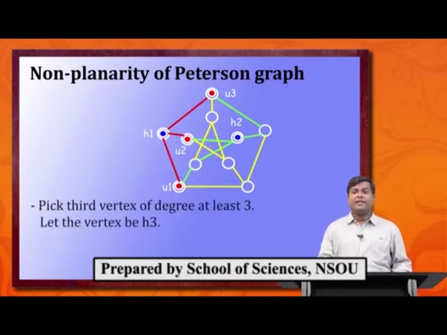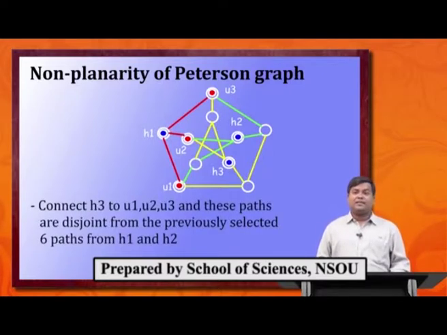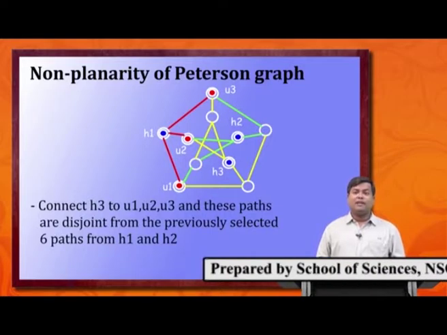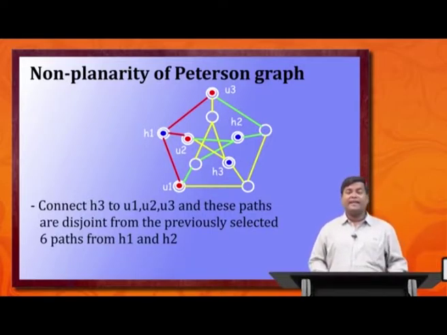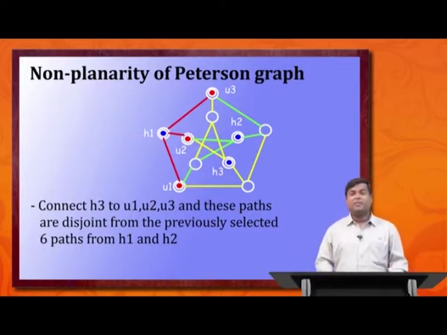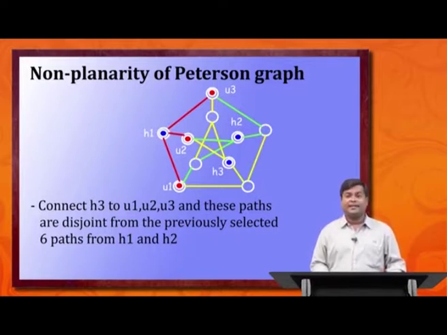Now we need another vertex. Let's find another vertex having degree 3, and we mark it in blue, let's say the vertex is H3. Now we need to find the paths from H3 to U1, U2 and U3. While finding these paths, we need to remember that they should be different from the previous 6 paths which we have already selected.